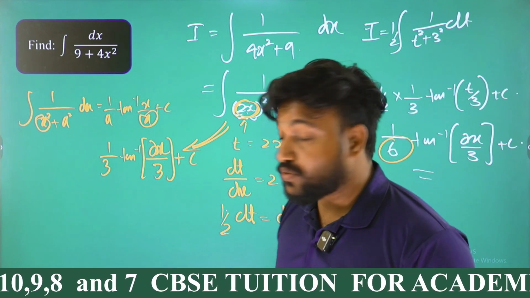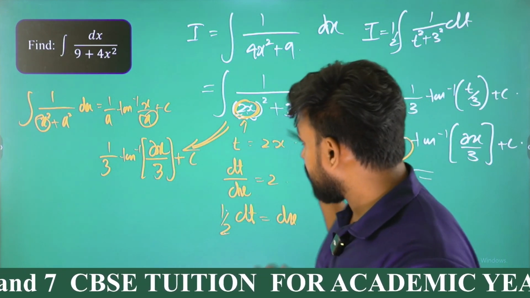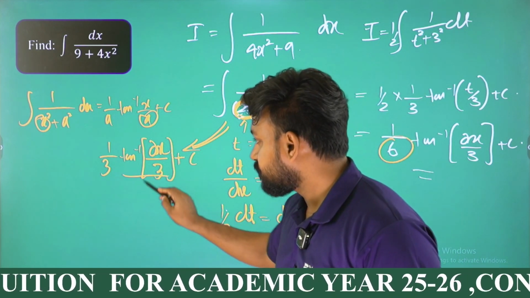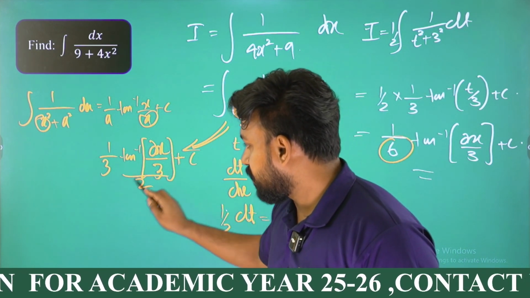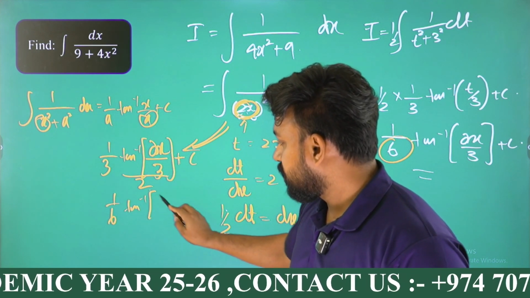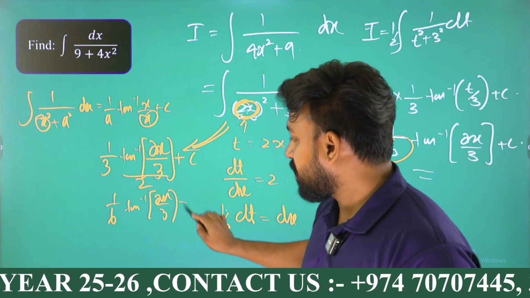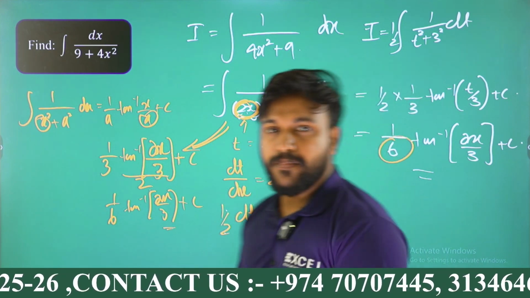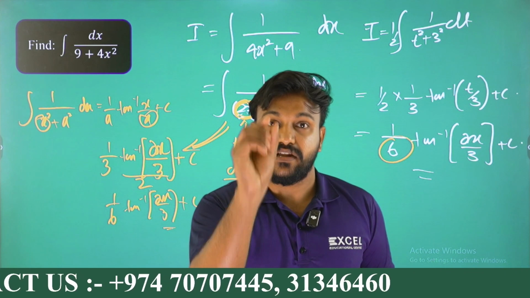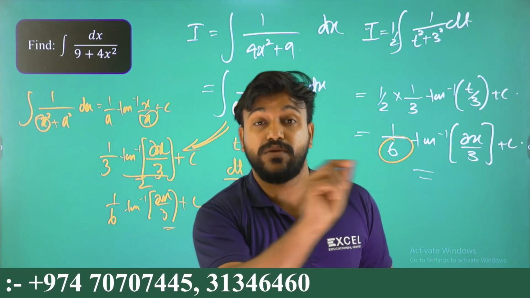So how do we change this into that? Derivative of 2x is 2, we have to divide by that 2. So 1 by 3 into 1 by 2, it's 1 by 6 tan inverse 2x by 3 plus c. Remember I told you before, if the x is replaced by any other function and the derivative of that function is a constant, then you can divide by it.